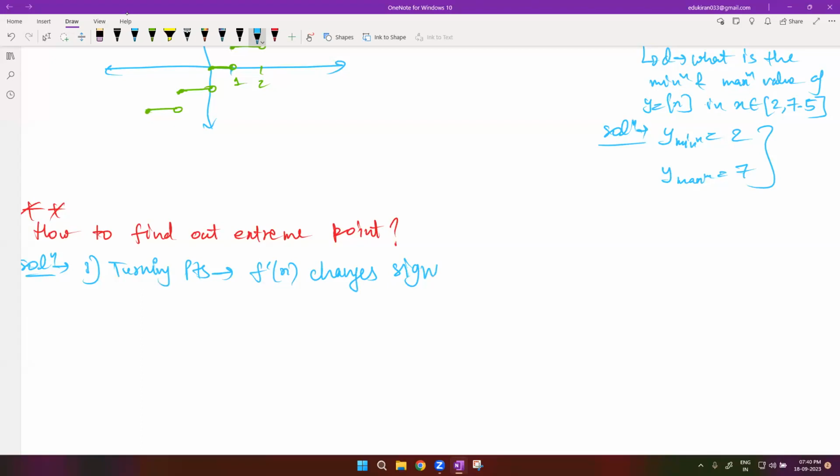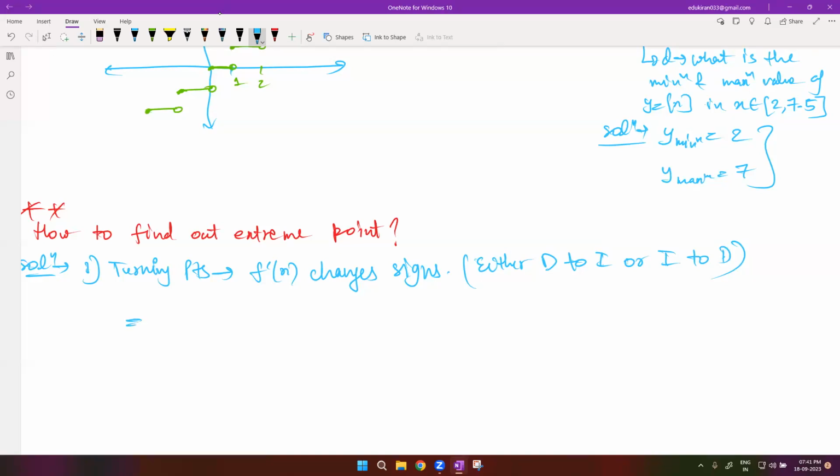Why changes signs? Either decreasing to increasing or increasing to decreasing. Your function becomes either from decreasing to increasing or increasing to decreasing. That is why the f dash x sign changes, right?